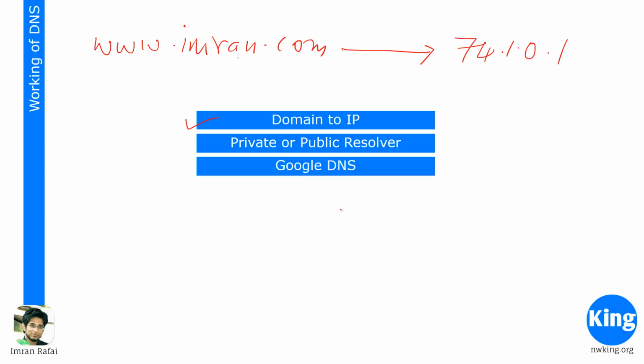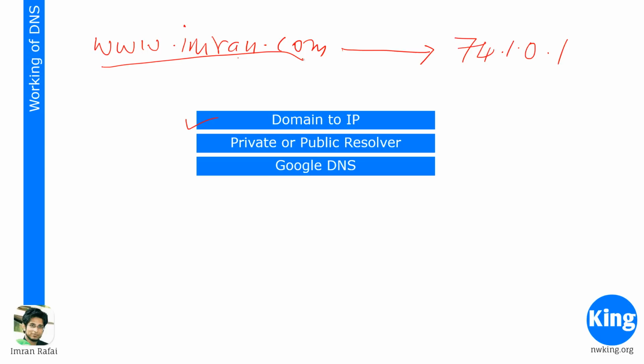I can't go contact these 10,000 people and tell them that my IP address has changed. The best way is they remember the fully qualified domain name, which is nothing but www.imran.com, and then automatically whatever changes happen behind. So the end user need not know about that change, right?